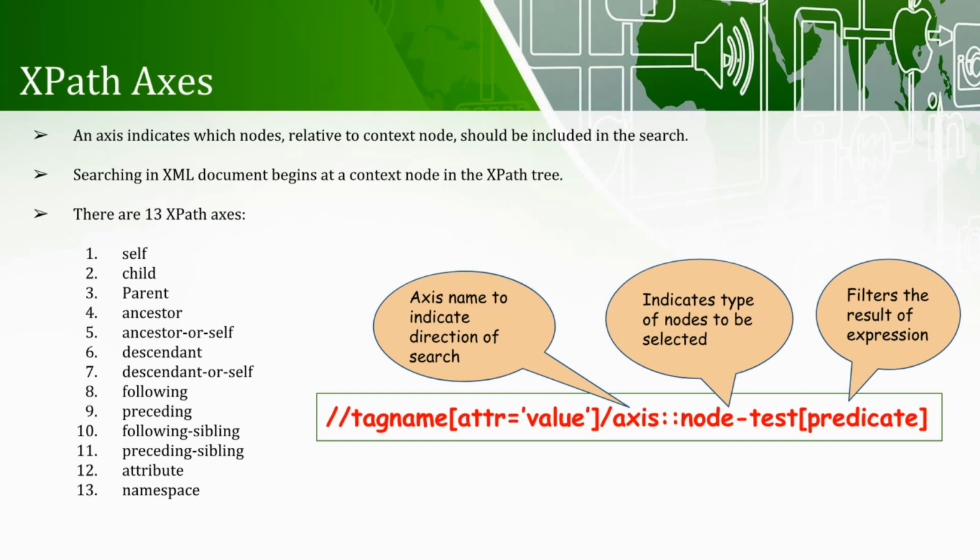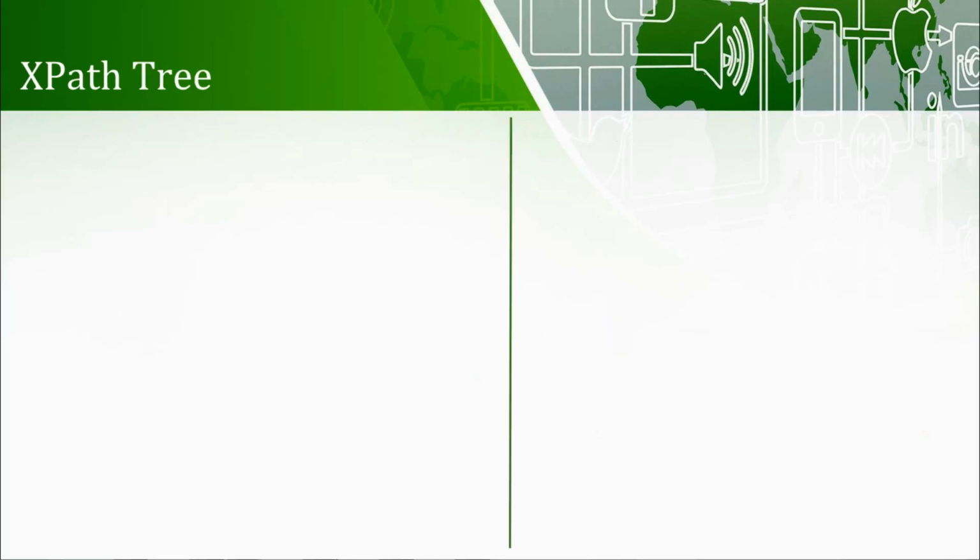Once the direction is decided, in that direction you will have different types of nodes with different tags. So you have to mention the tags so that you can decide out of all the output which of the nodes you want to select. Once that selection of the list is done, then you can filter the list by applying some conditions.